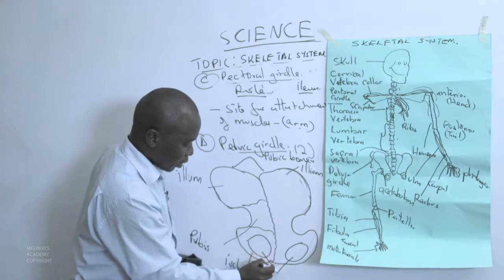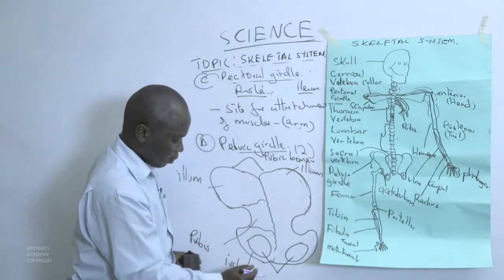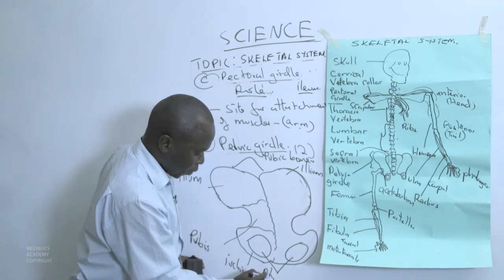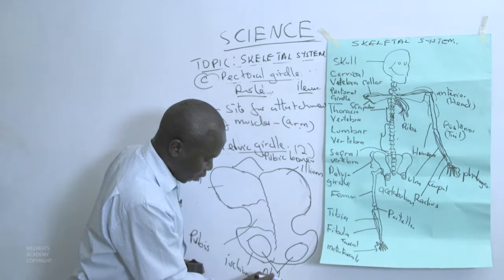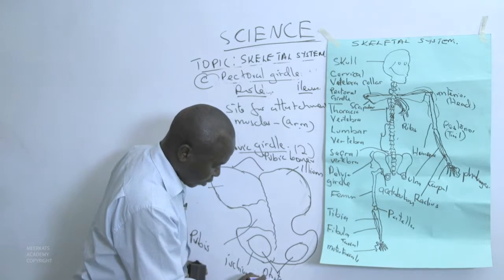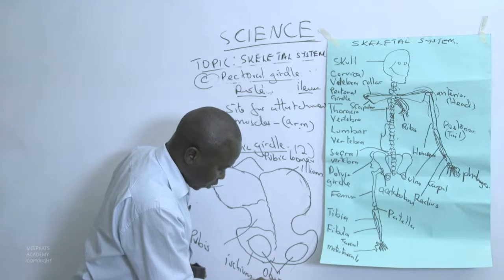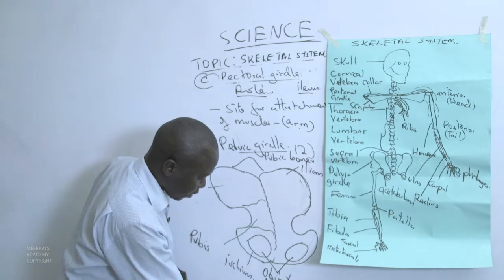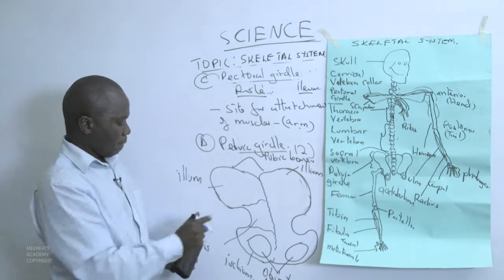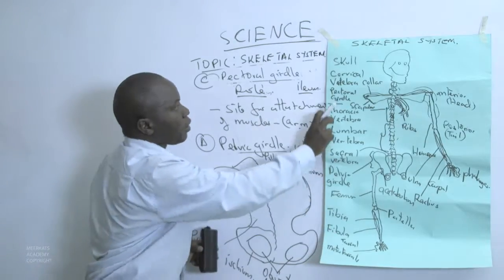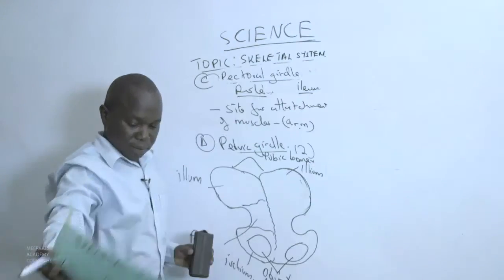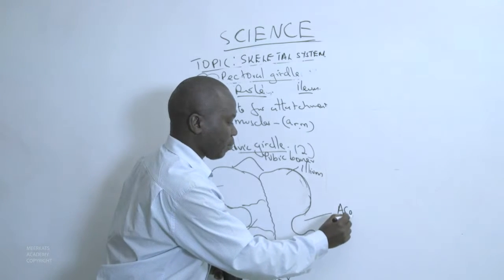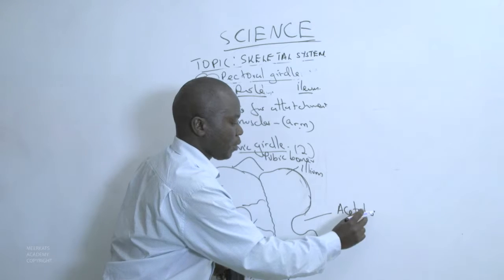This ischium has some holes inside called the obturator foramen. And then there's a cavity here called the acetabulum.